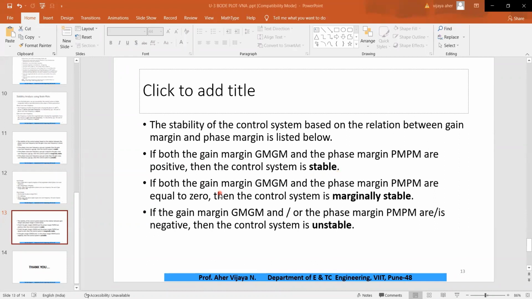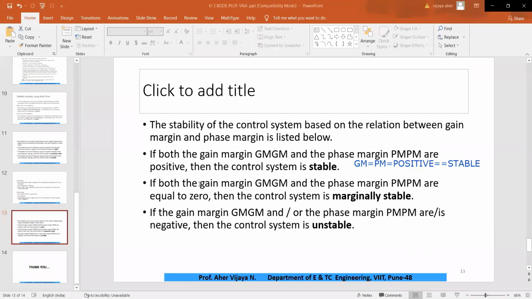Okay, first condition, you can remember it like this: gain margin and phase margin both having positive value, at that time your system is stable. So remember this condition.